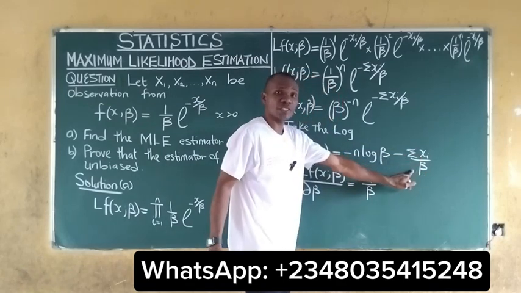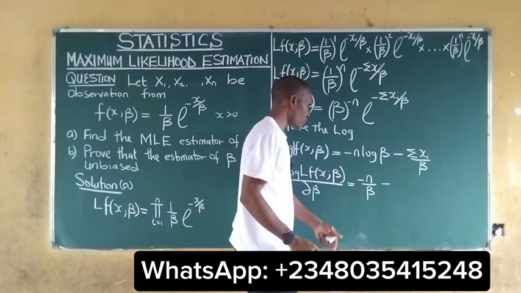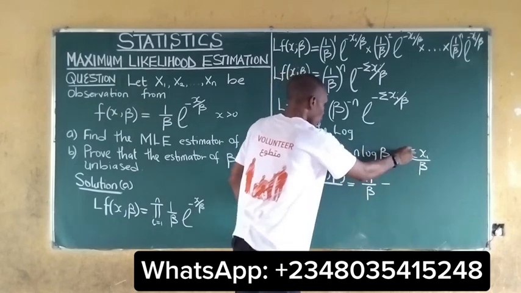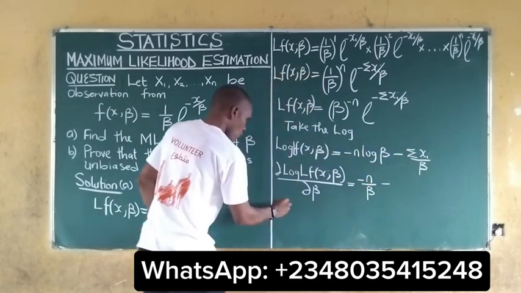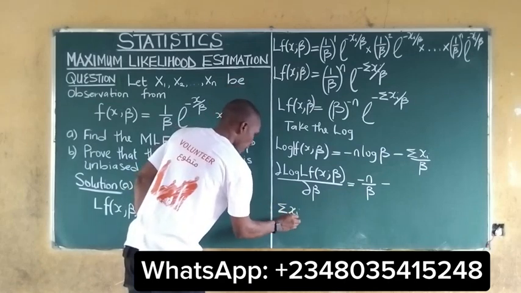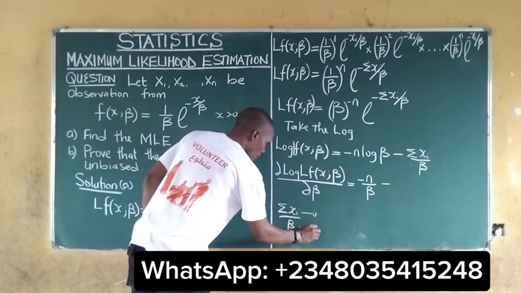To differentiate this, we use what is called the quotient rule of differentiation, because one function is dividing another function. So to differentiate this, we write it as summation of xi all over beta. We take this as our u, we take this as our v.